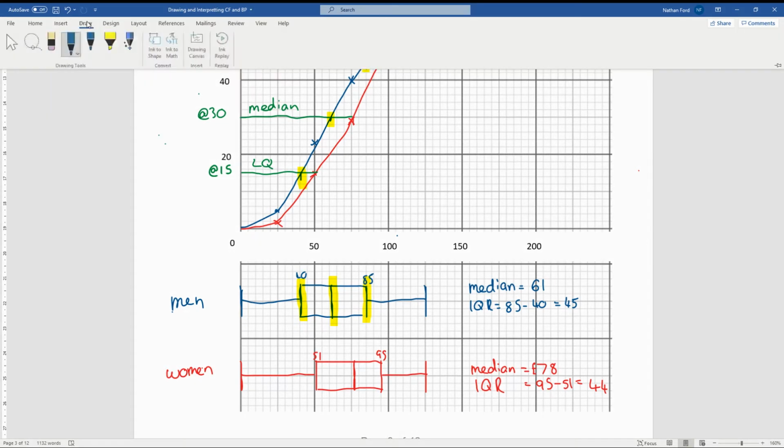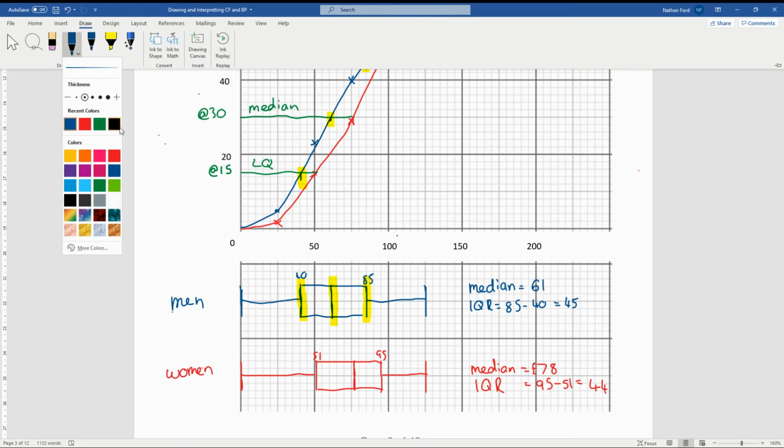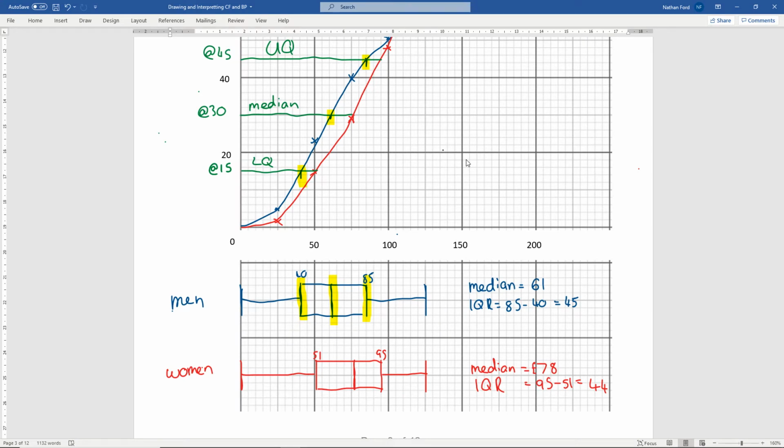So when you are comparing, you must not only say what actually has happened. So on average, men spend less as the median is lower.